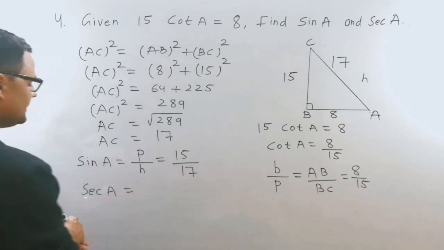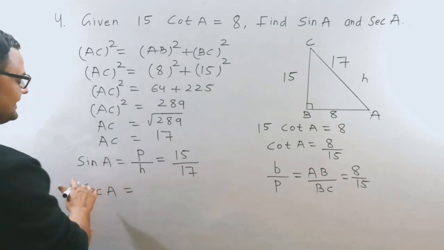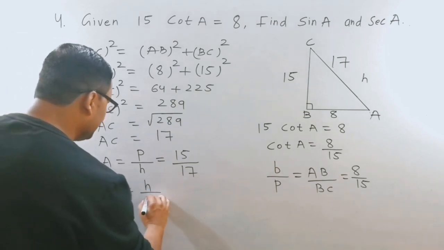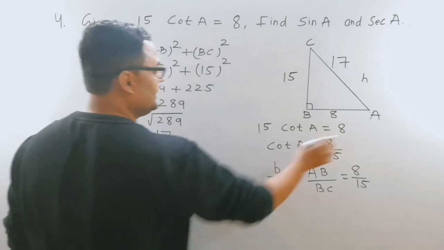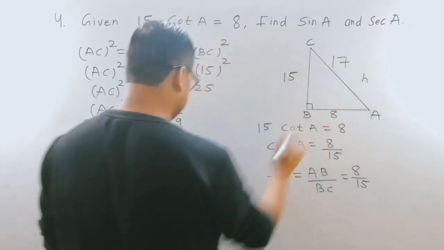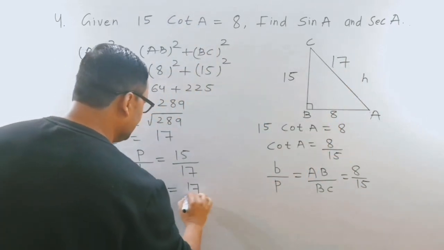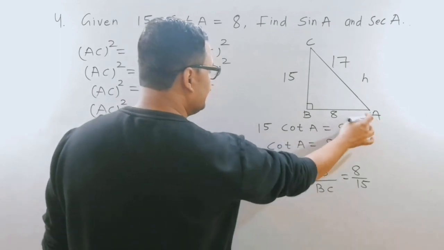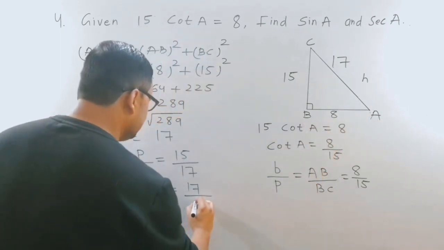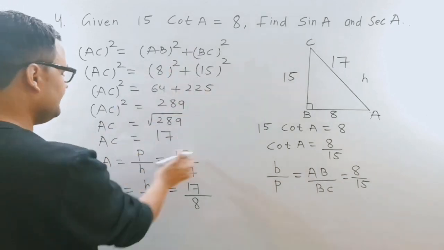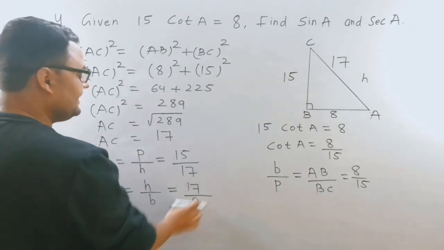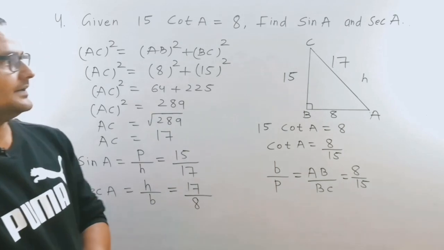Cos equals B by H, so sec A equals H by B, hypotenuse by base. The hypotenuse we already have, 17, and for this angle A the base is AB, 8. So sine A equals 15 by 17 and sec A equals 17 by 8.